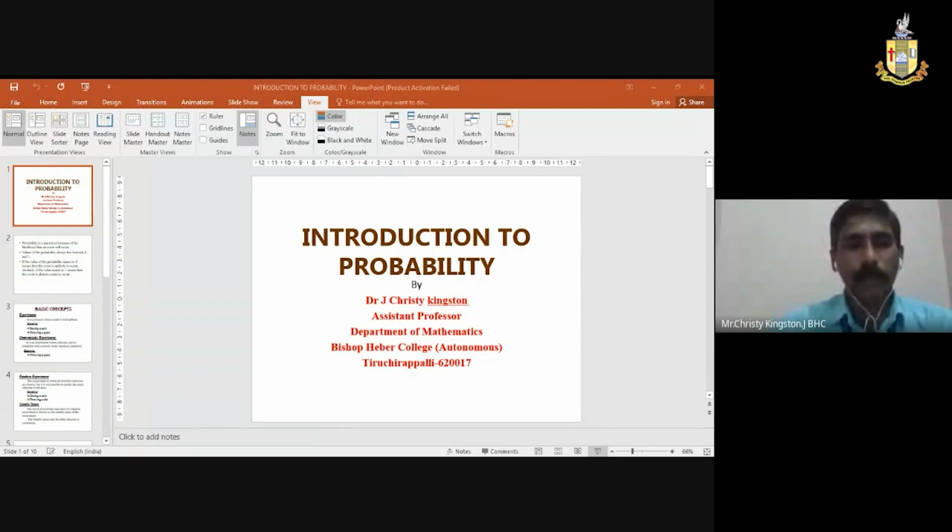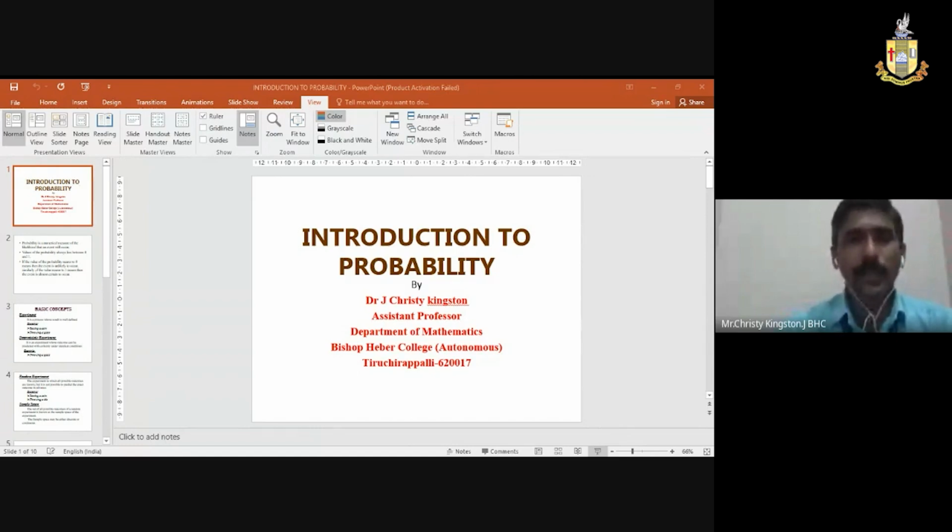Okay, then probability of the union of E_i can be taken as summation P of E_i. That is, the probability of the union of the events equals the summation of the individual probabilities. These are all the axioms we have seen here. These are all the axioms or conditions.